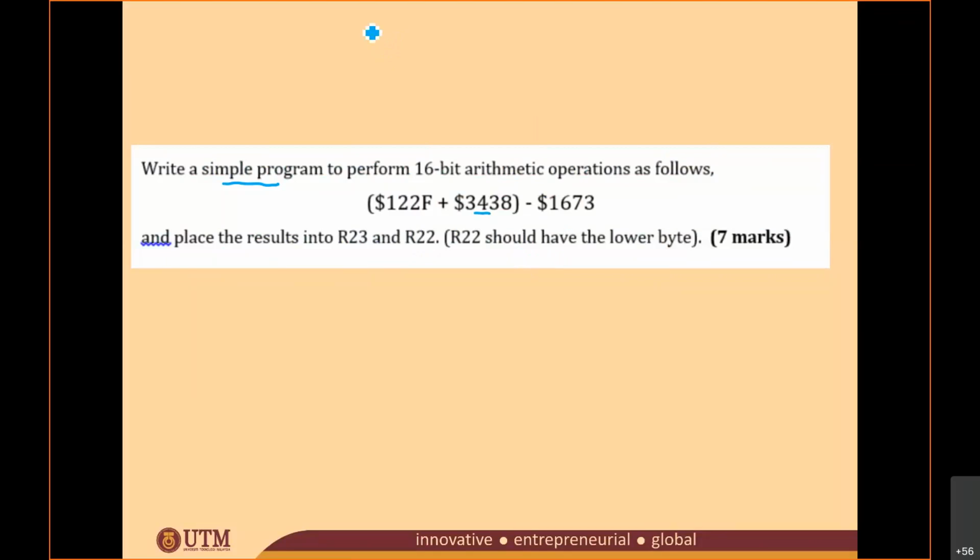So you form the operation, the equation first.